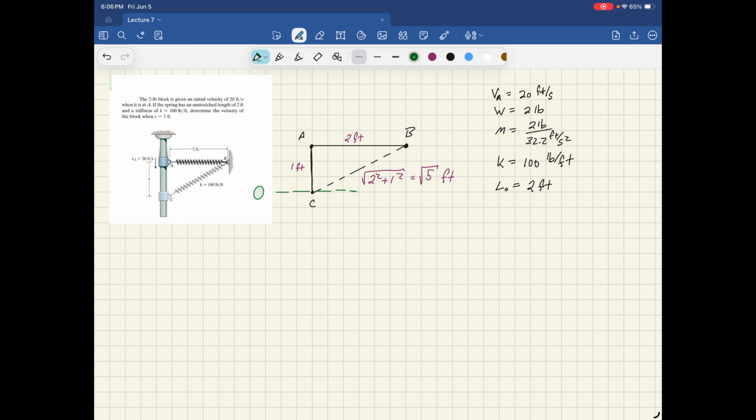Okay, so we're going to apply the conservation of energy.